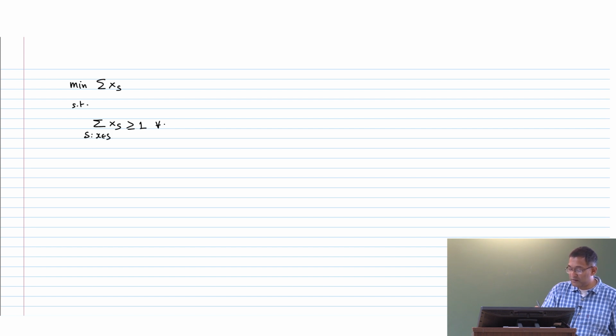Let's go back to set cover. You have minimize sigma x sub s subject to the sum over all x sub s such that x is in S is at least 1 for all x in X, and x sub S is non-negative. So this is the LP for set cover.